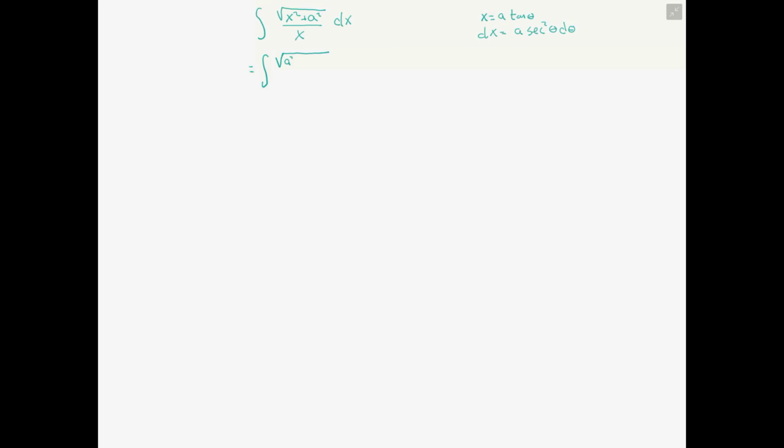We've got a squared tangent squared theta plus a squared, dx, over a tangent theta. Okay, and our dx term is a secant squared theta d theta.